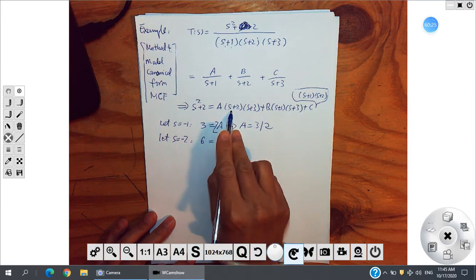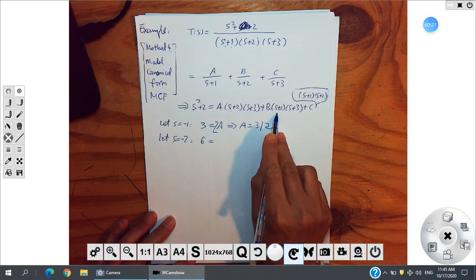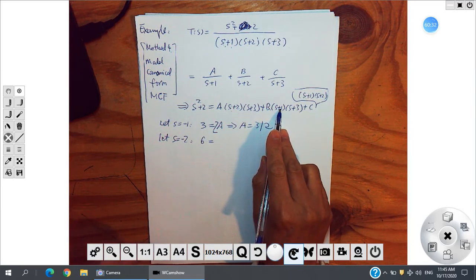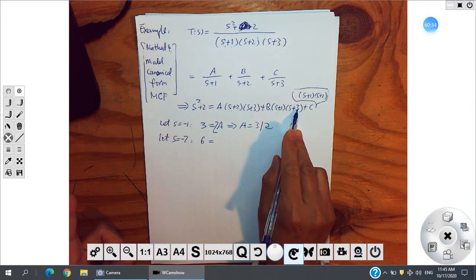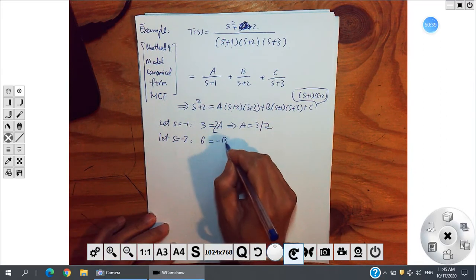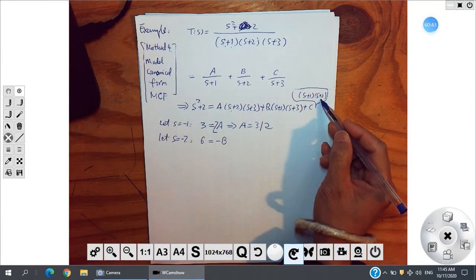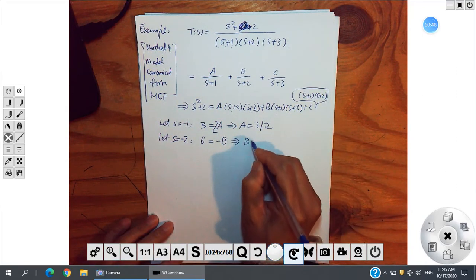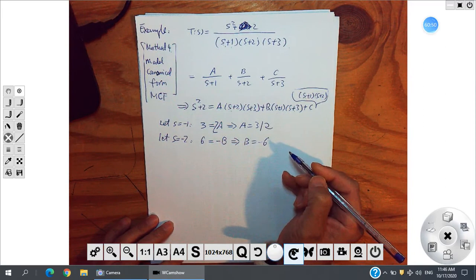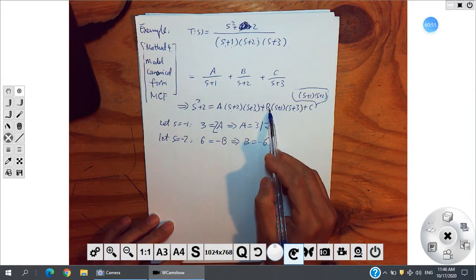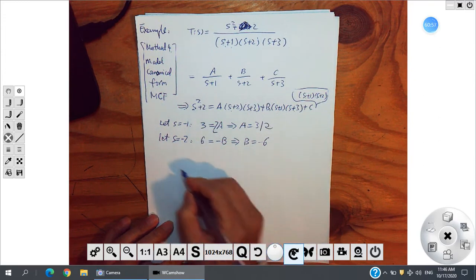The A and C terms are 0. -2 plus 1 is -1, -2 plus 3 is +1, so that is -1. So B is -6.